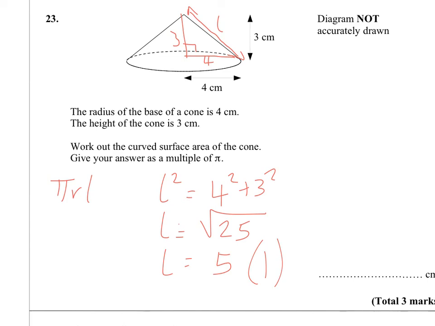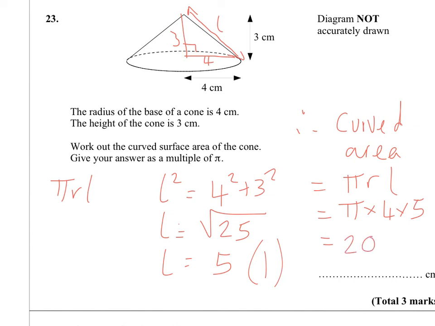Plug that in. Therefore the curved area is pi R L, which is pi times 4 times 5, which is just 20 pi centimeters squared.